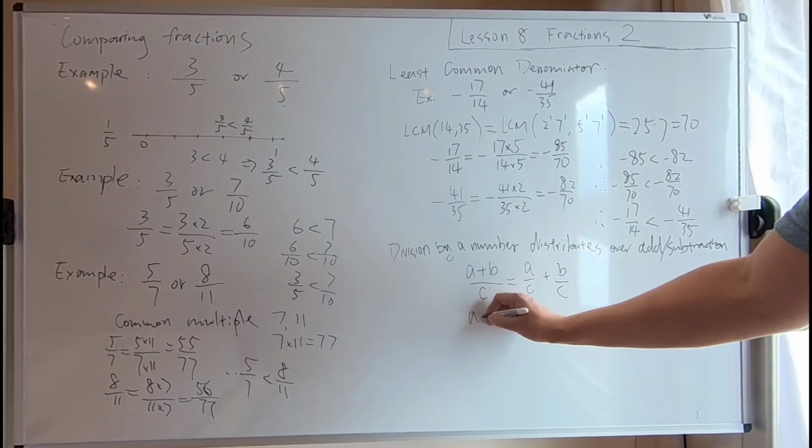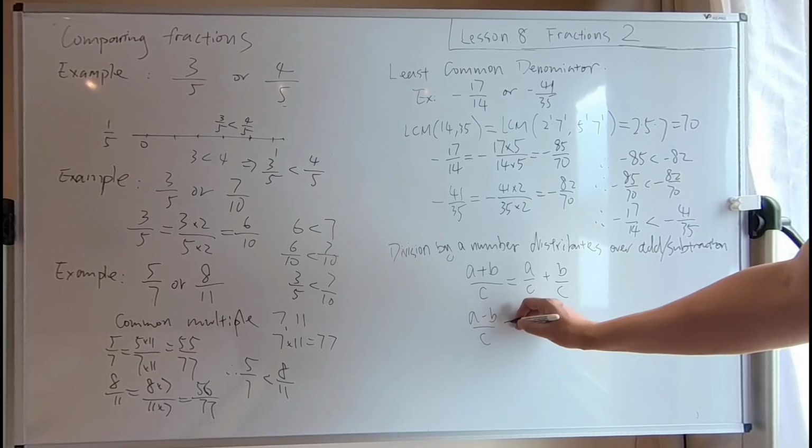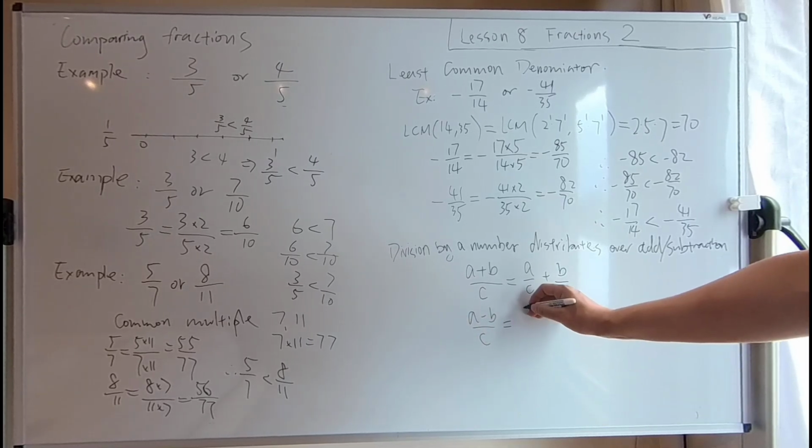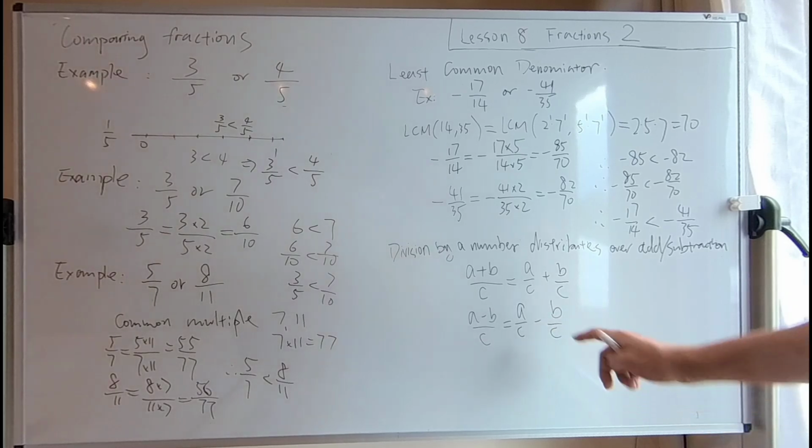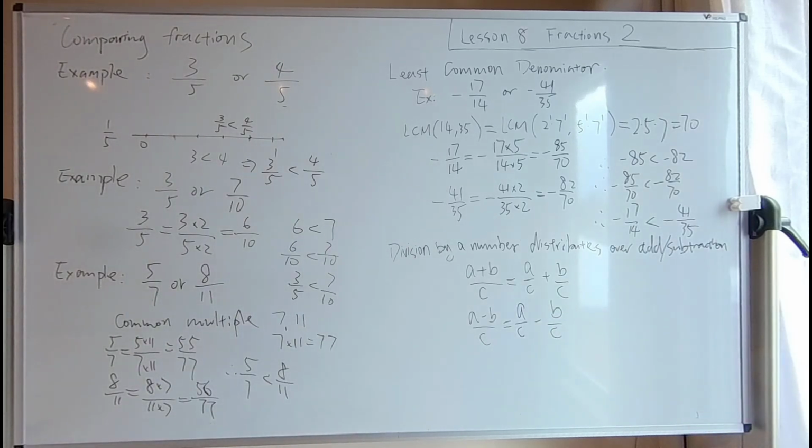Or if I have a minus b over c, it can be redistributed as a over c minus b over c. We saw that in our last class. Here it's just written down again, because these rules would be very helpful when you simplify fractions.